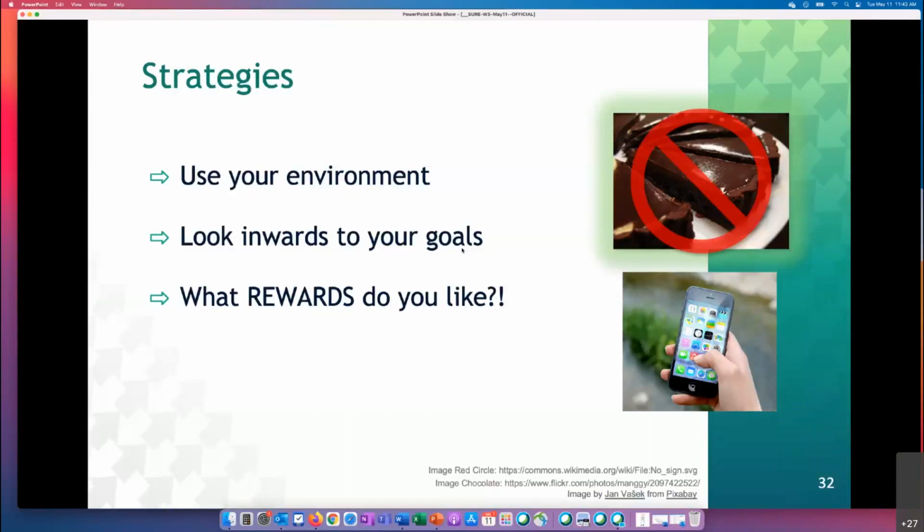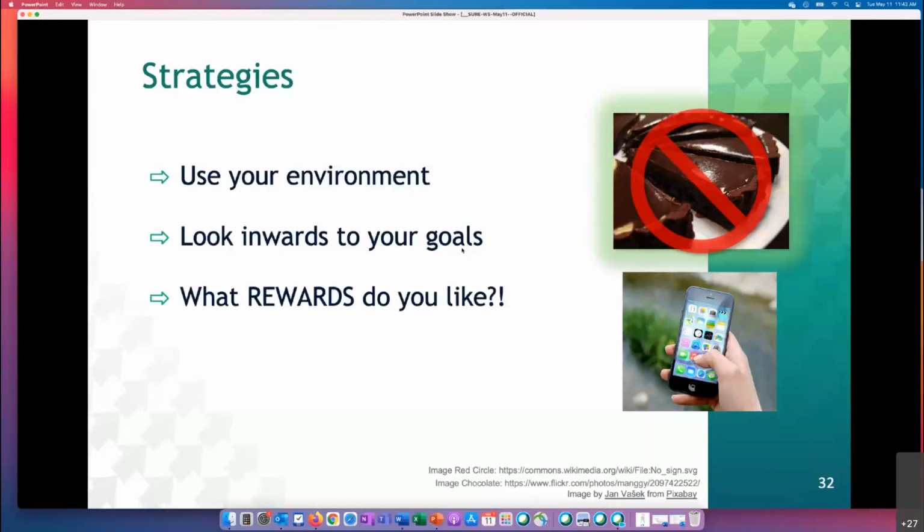Other strategies to help with the motivation for people who want to cut down on sweets. Let's say pick me. The idea would be to use your environment and not have any sweets in the house. So have everything out of your environment. That will help. Your environment also can include your digital devices. So you could use your environment there to help you, use your schedules.